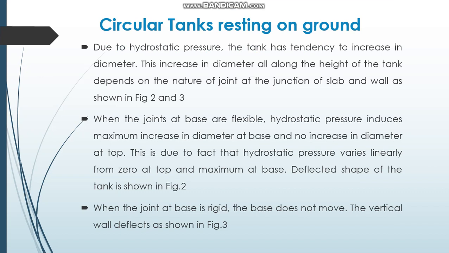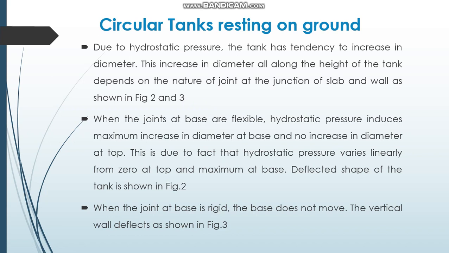So next we are going to discuss circular tanks resting on ground. Due to hydrostatic pressure, the tank has tendency to increase in diameter. This increase in diameter all along the height of the tank depends on the nature of joint at the junction of slab and wall as well as the pressure. It is shown in figure 2 and 3.